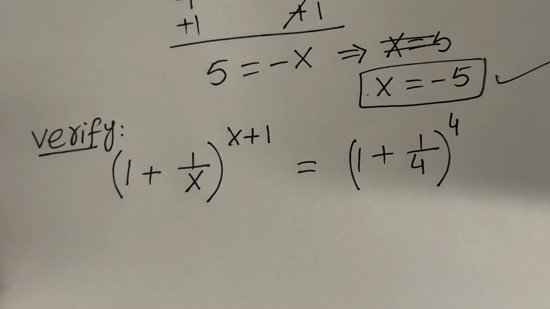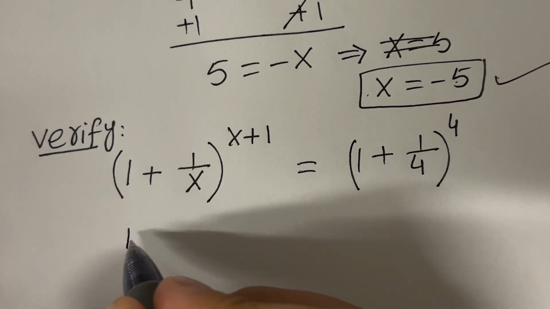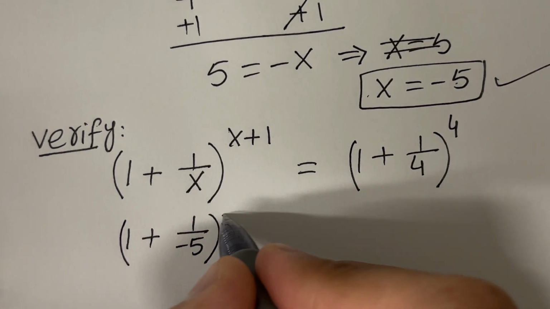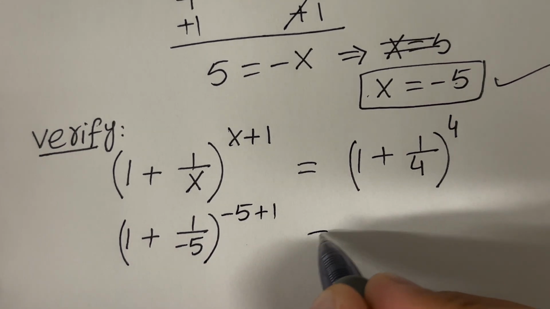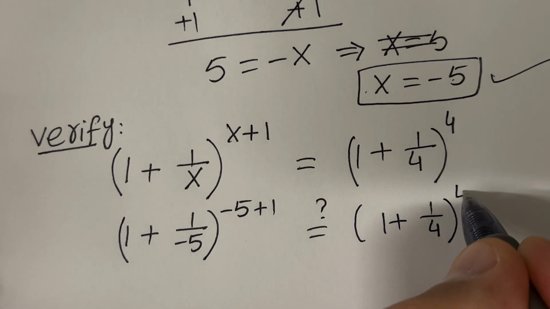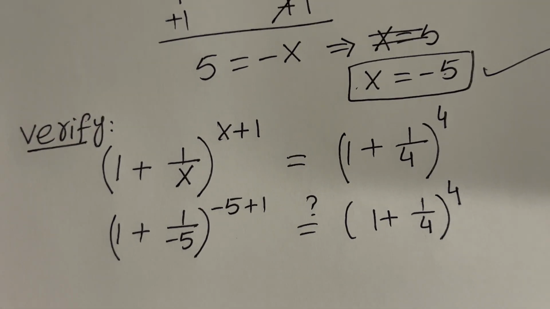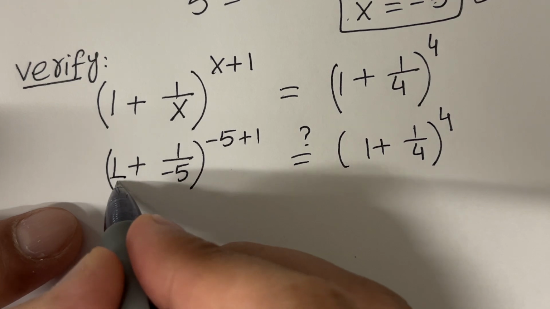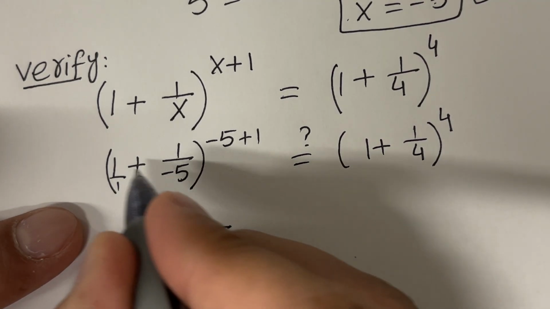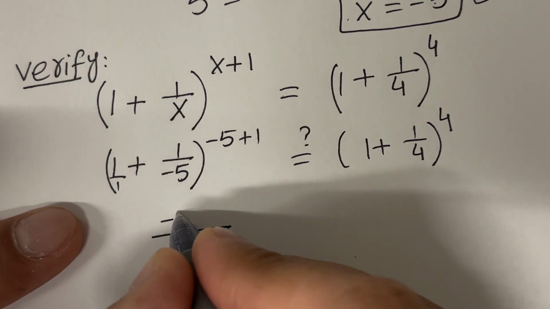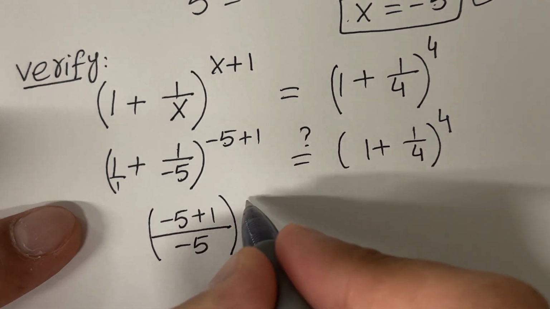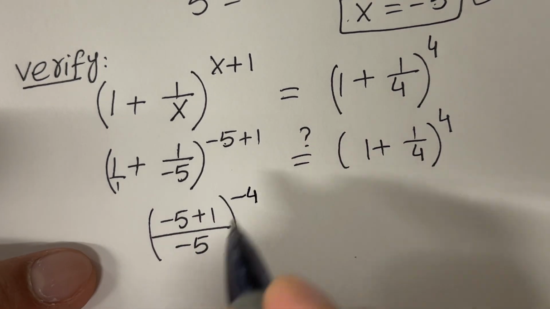Let's plug in x equal to minus 5, so we will have 1 plus 1 over minus 5 raised to the power minus 5 plus 1, whether this is equal to 1 plus 1 over 4 raised to the power 4 or not. Let's take the LCM here. The LCM is minus 5, so minus 5 times 1 is minus 5, and then we have a 1 here, and the exponent minus 5 plus 1 is negative 4.